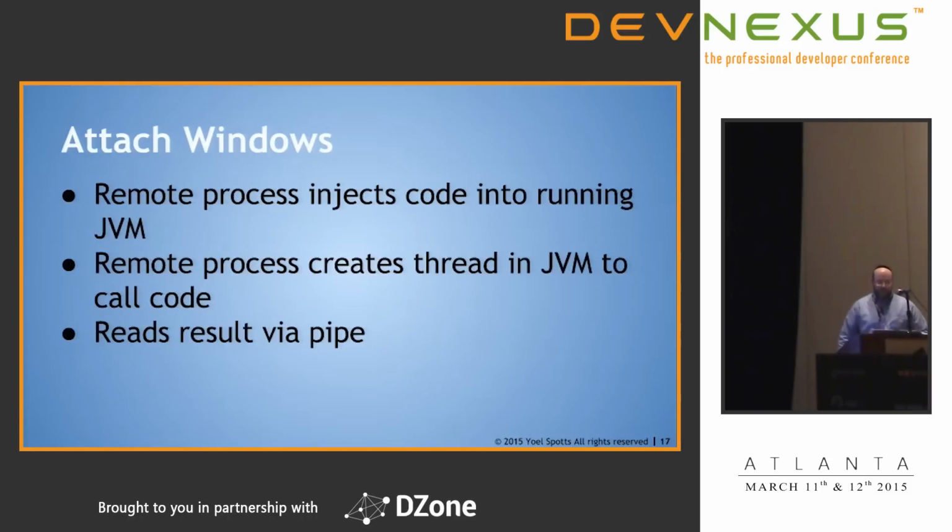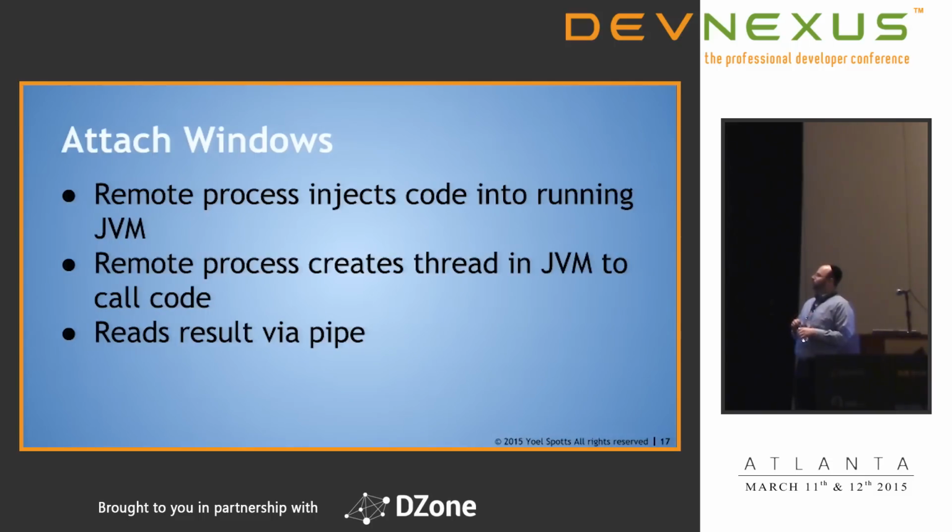And then finally, on Windows, a completely different mechanism is used by the attach API. The remote process will actually inject code into the running JVM, which is really surprising to me. It sounds almost like bytecode interleaving at runtime. I mean, it actually will insert code.